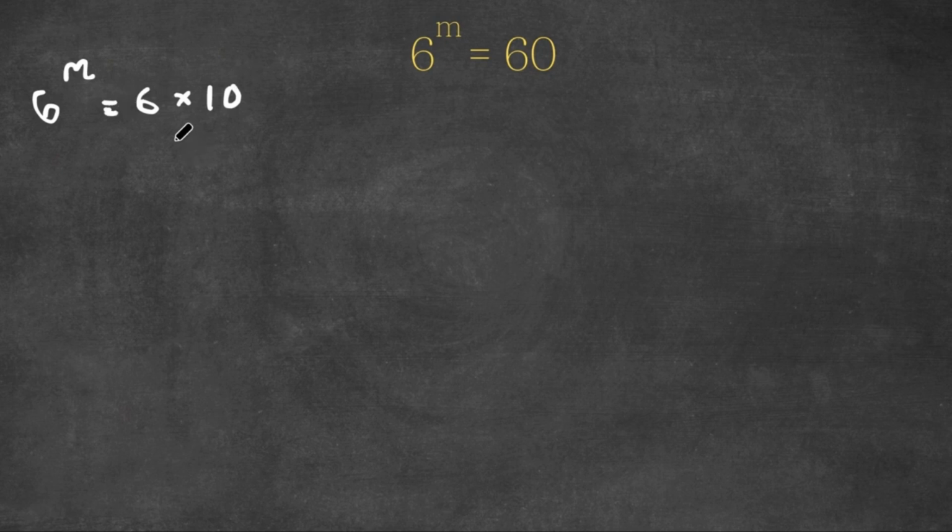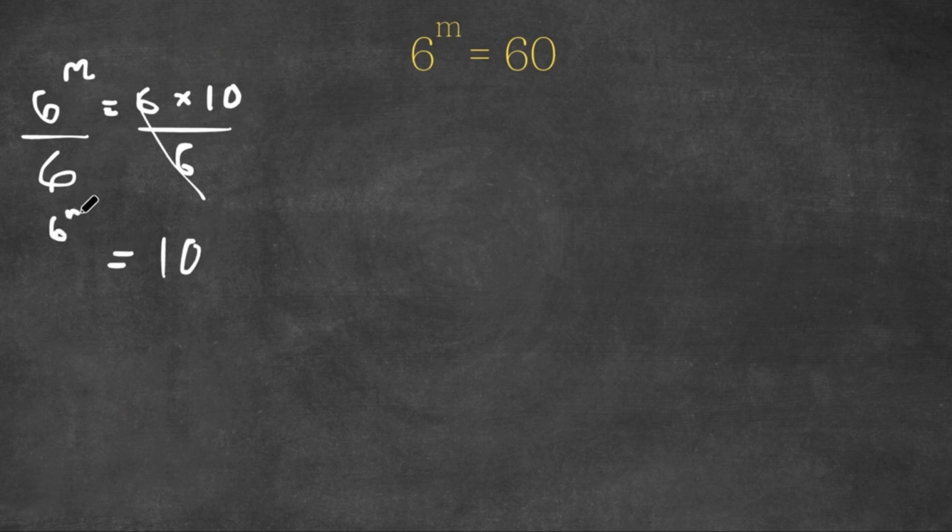Now I'm actually going to divide both sides by 6. For our right-hand side, these two cancel out, so we would just be left with 10. Now this is equal to 6^m over 6^1.